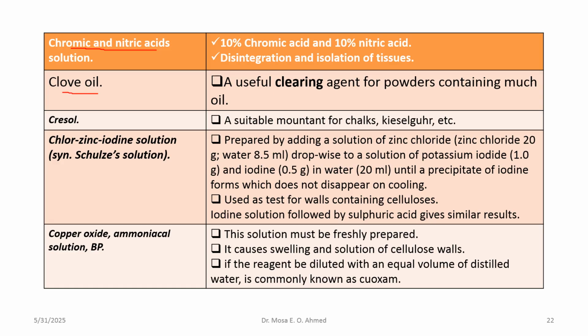Clove oil is used as a clearing agent, similar to chloral hydrate and ethanol, but clove oil is useful for examining plant samples containing oil. Ethanol is useful for mucilage, while clove oil is used for samples containing oil.